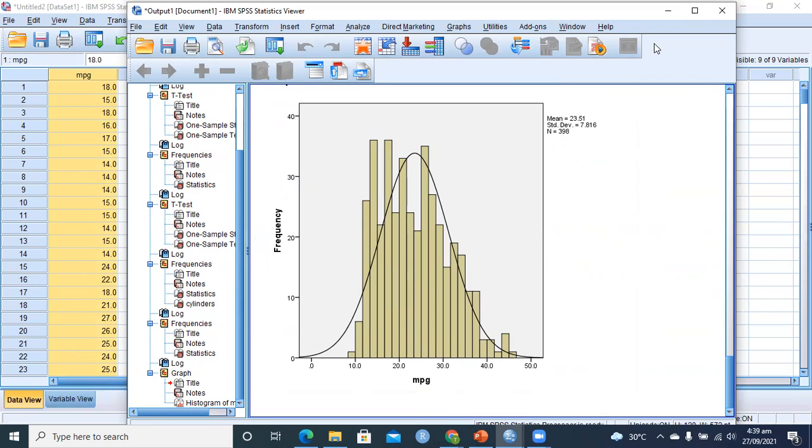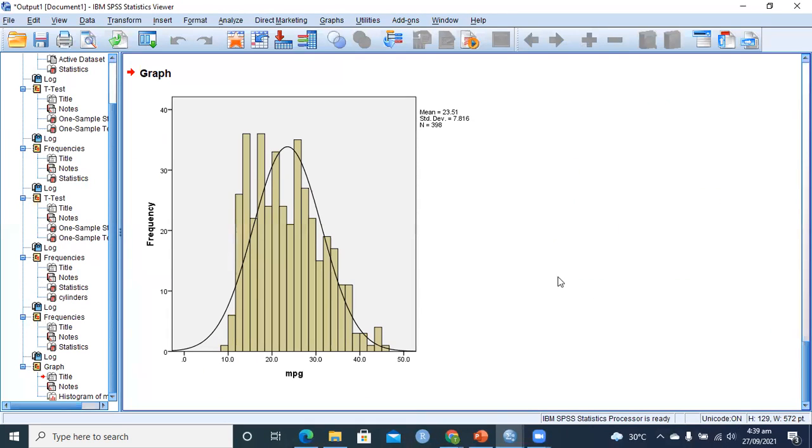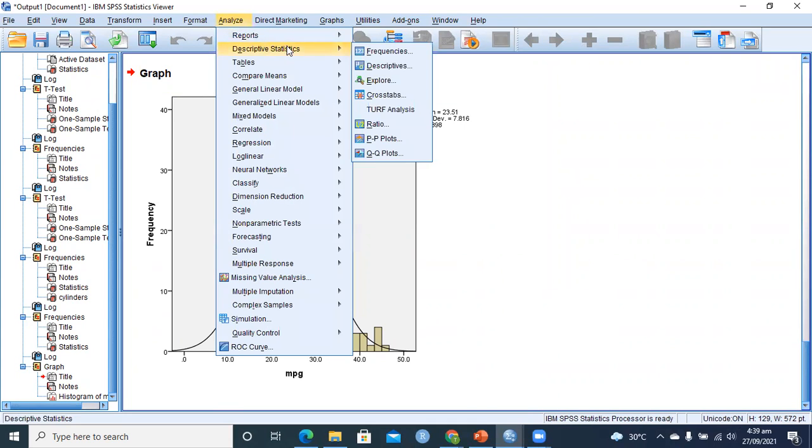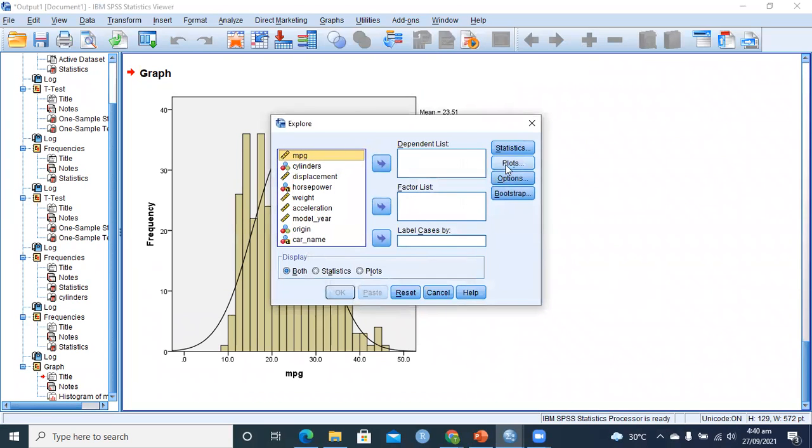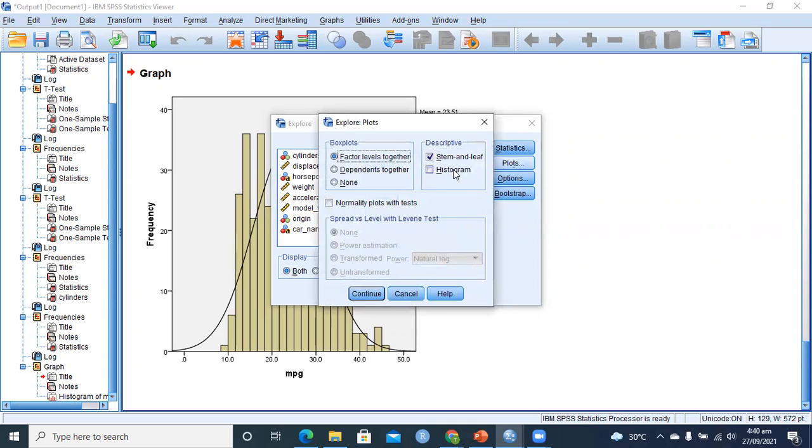But visually, we can accept, or maybe we cannot accept, that it is a bell-shaped distribution. We have another test that we can apply to see whether it is following a normal distribution or not. There are two statistical tests available in SPSS. If I go to Explore, miles per gallon, in the Plots option we have a histogram with normal curve.